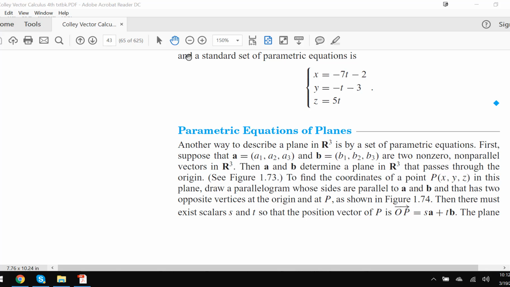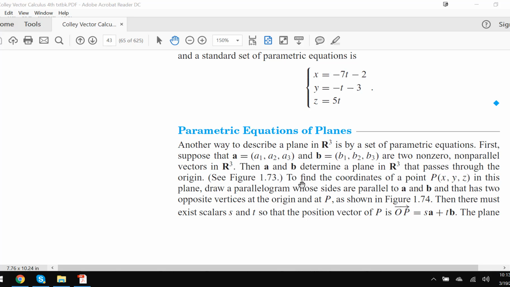These two vectors both originate at the origin. I guess if they're parallel and they both go through the origin, they're in the same line. Anyway, they're non-parallel.